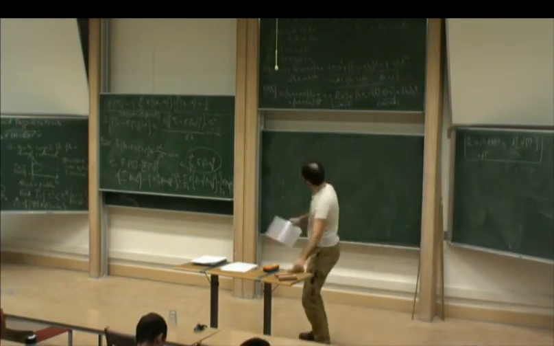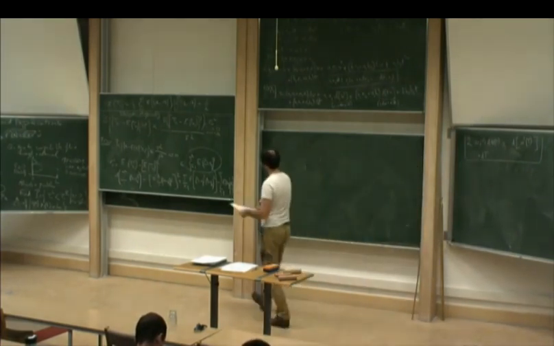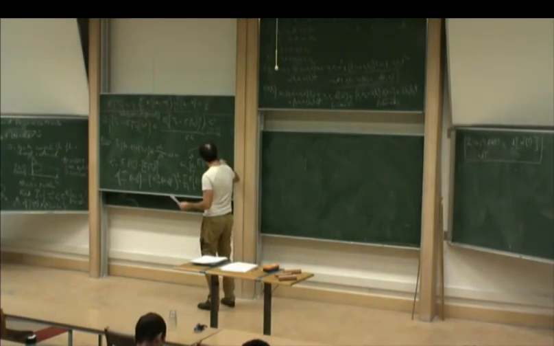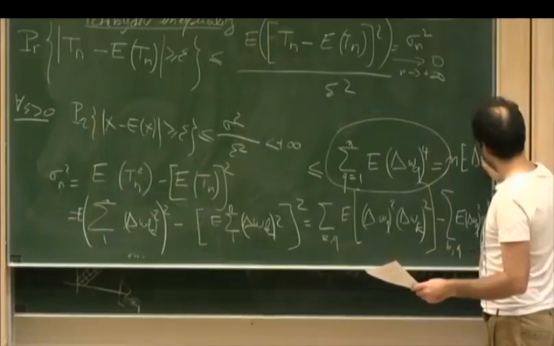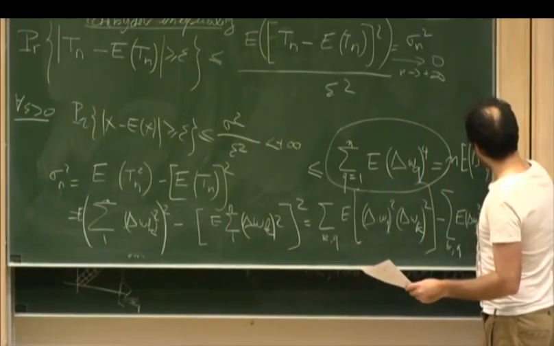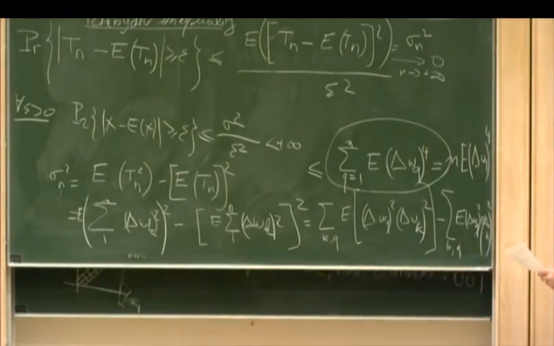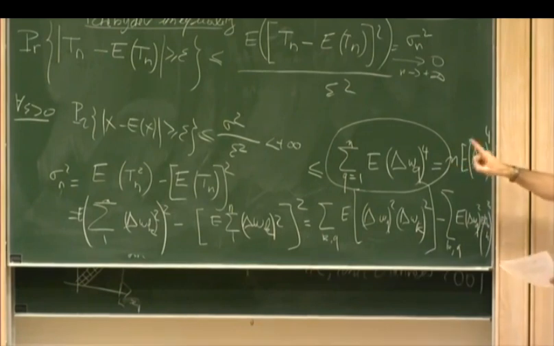So if they are all independent, this sum can be seen as n times the expectation, let's say, of the first one, of d omega 1 to the power 4. So now what is the expectation of d omega 1 to the power 4? And then there is an n that we should not forget about.